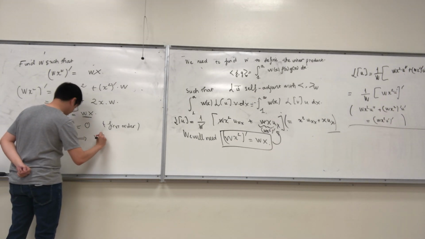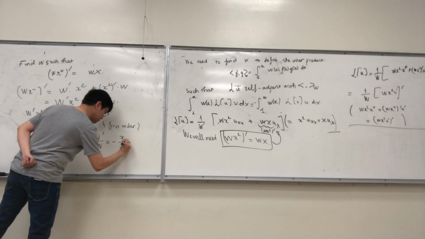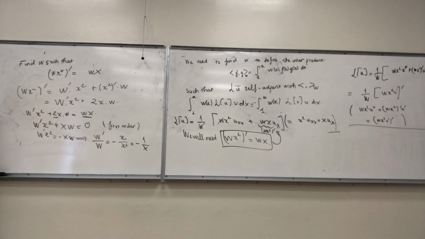Now this is W prime over W is minus x over x squared, and this is minus 1 over x. So you're going to group W to one side and x to the other side. This is called the method of separable. So this equation is separable, and the method is separating variables.